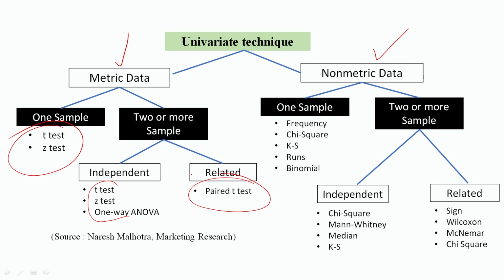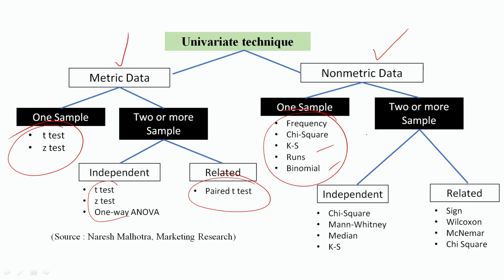The second category is non-metric. Here we have a number of tests, ranging from frequency, which is very easy, you remember percentages and counting, to chi-square test, KS test, runs and binomial.